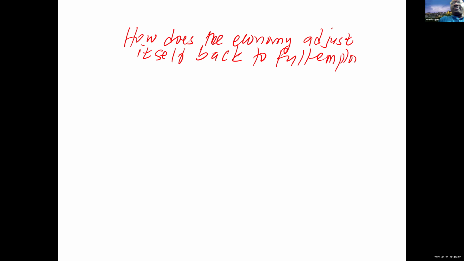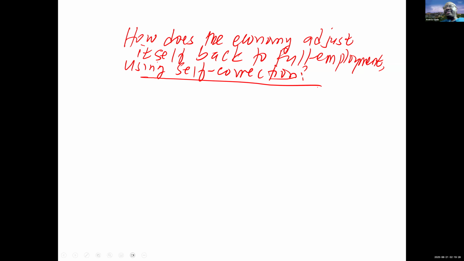Full employment means that we're going to go back to the long run aggregate supply curve, using the self-correction or classical model. So we're going to discuss the dynamic mechanism through which the economy is going to adjust itself back to equilibrium.